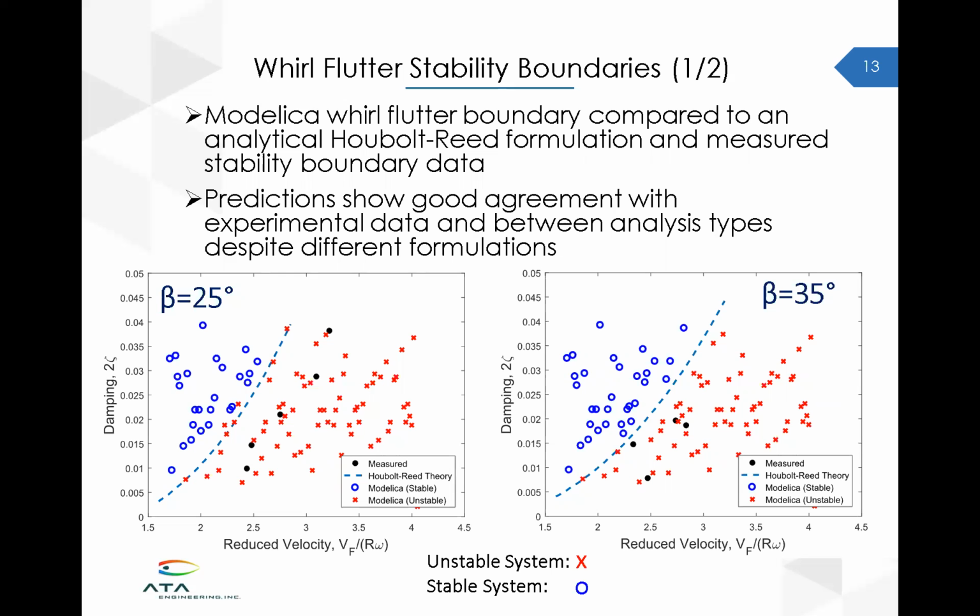Also shown are the black dots, which are the experiments, a sparsely populated flutter boundary from measurements. And of course, we don't capture all the effects, but what we do show is that we are conservative here. And we are closely replicating the Hobart-Reed theory, which is good, despite having slightly different formulations.